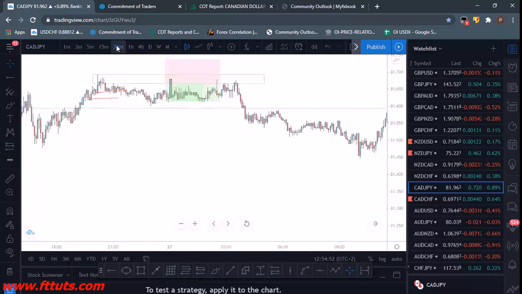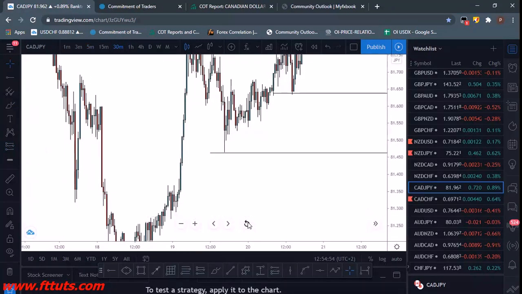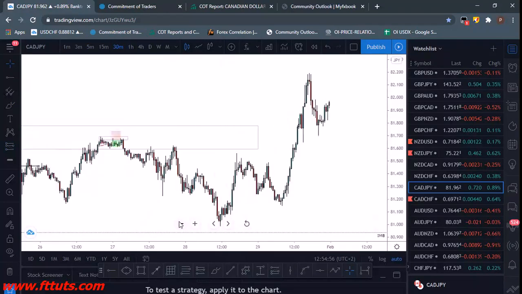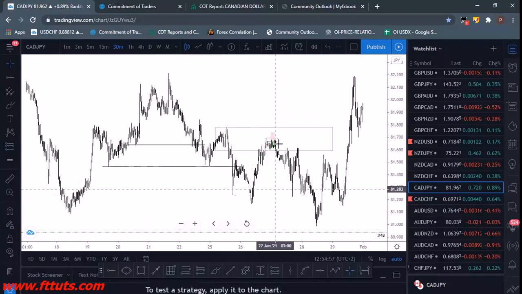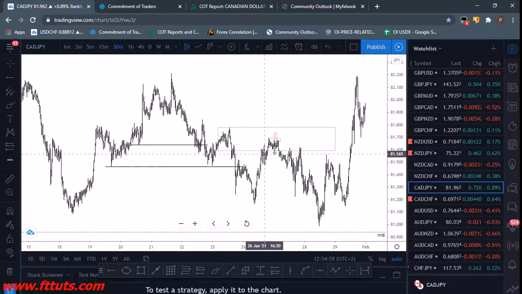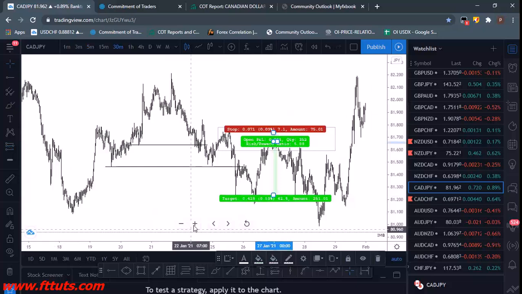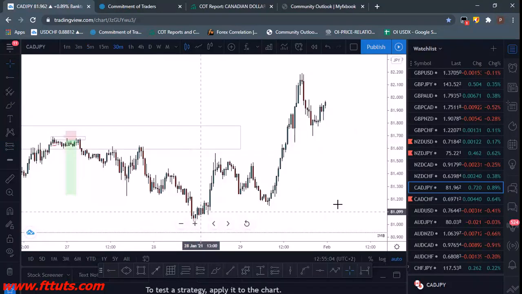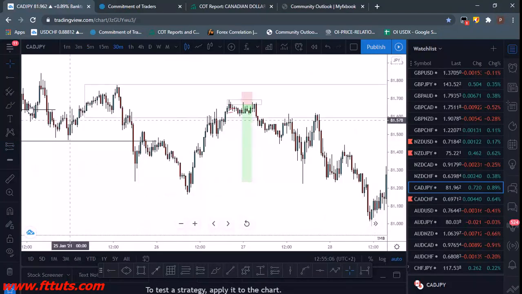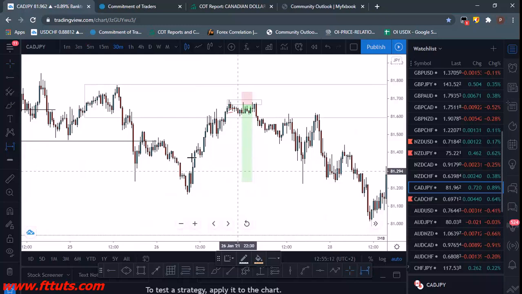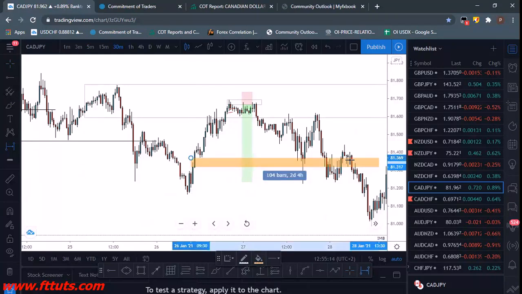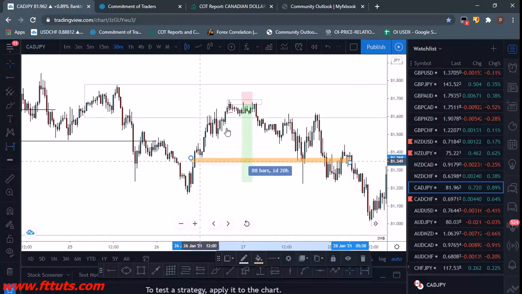And then in terms of targets, what would I rather be targeting on this kind of trade? I would have had my target right down there. Or target, I think there was an imbalance somewhere here. Yeah. There was this imbalance which was right on this strong OB.